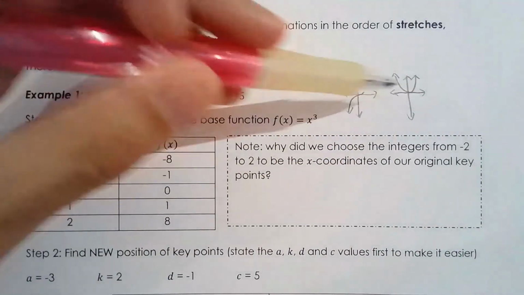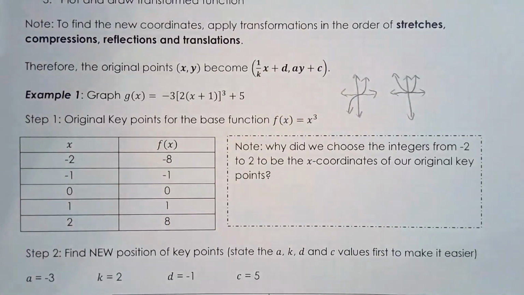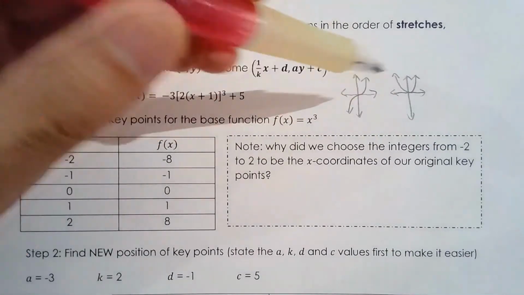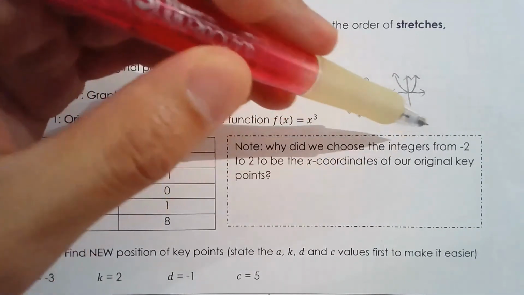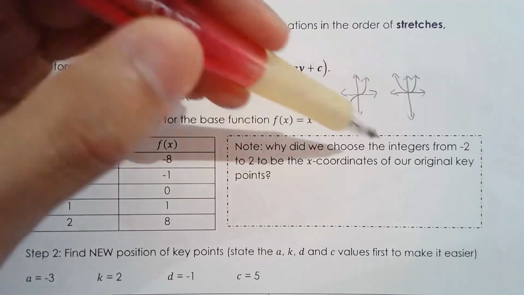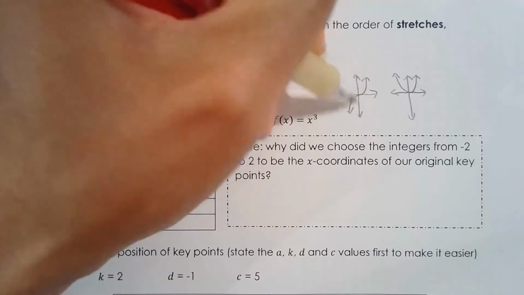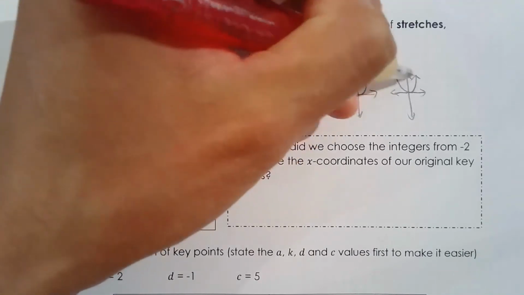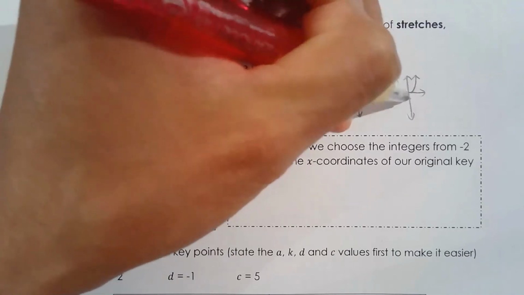They basically look like some variation of the cubic or some variation of the parabola. If you remember this to be the graph, then it makes sense why we chose the x values to range from -2 to 2, because that will give you the center of the graph. You want the new positions of these points in the middle of the graph.